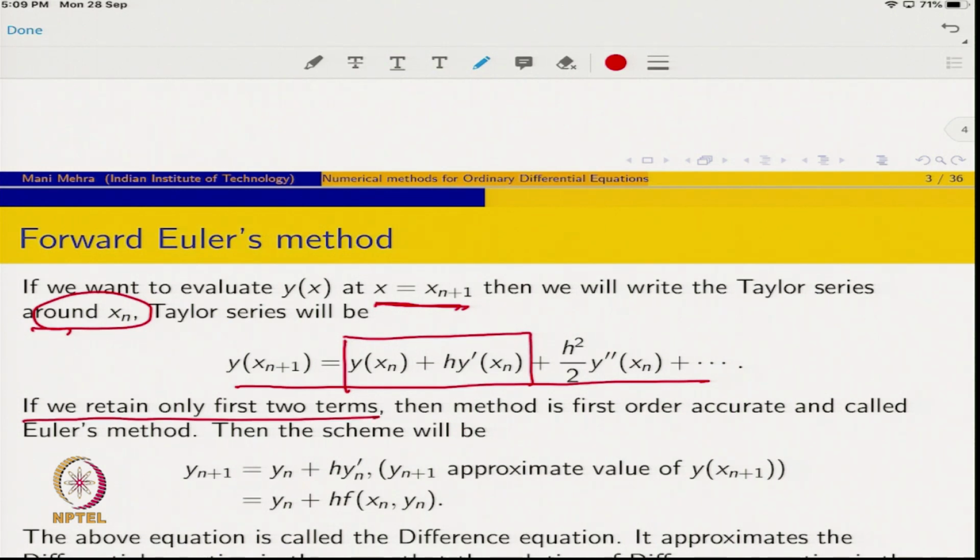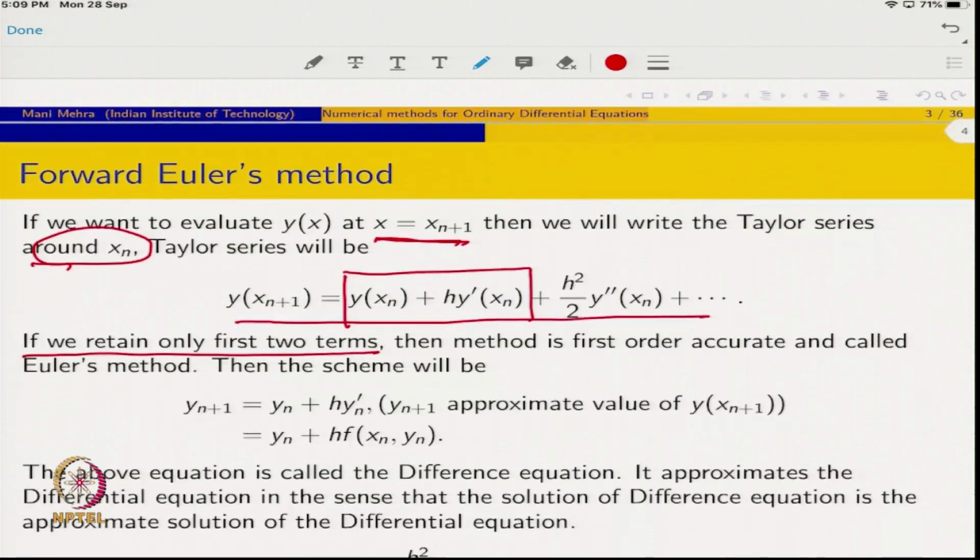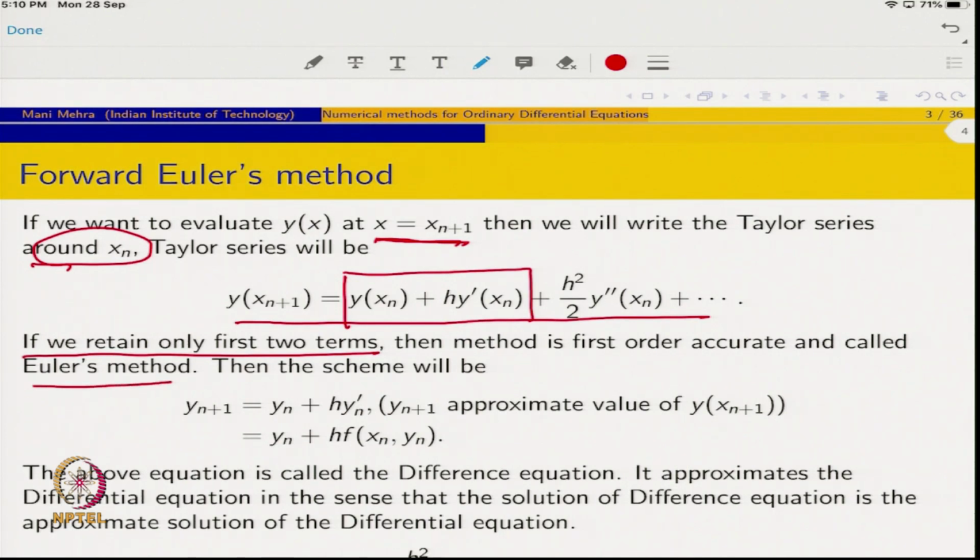Why this method is called first order accurate, I will explain in a while, and this is called the Euler method. Then the scheme will be, there is a lot of difference between going from here to here. What is the difference you observe? We have dropped this error term.